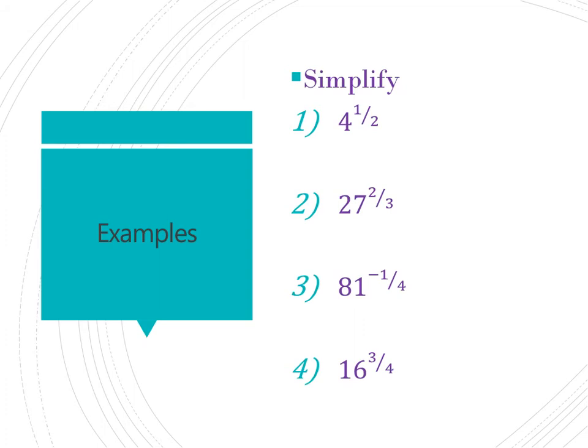So we have 4 to the 1/2 power. This is the root. This is the exponent. So the square root of 4, and then you would do the 1 exponent, but we really don't need to show it. And the square root of 4 is 2.